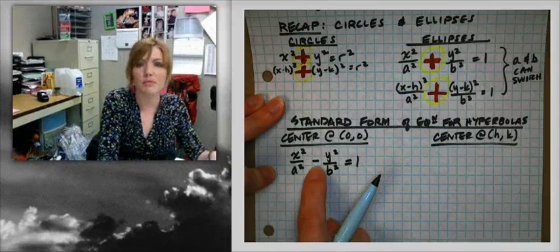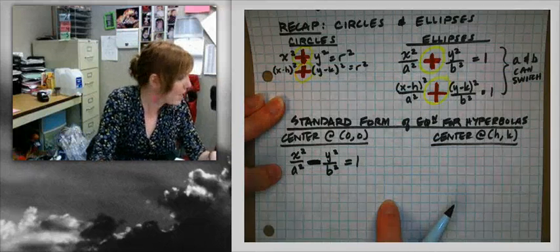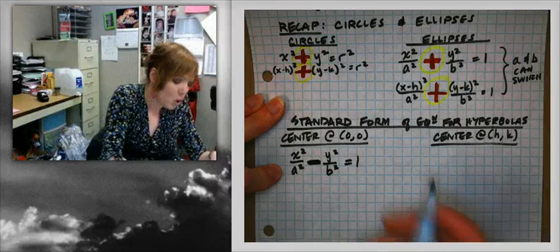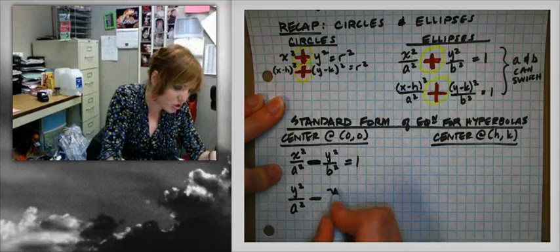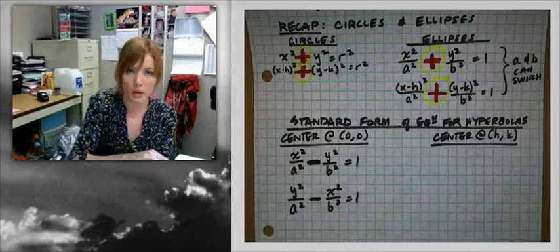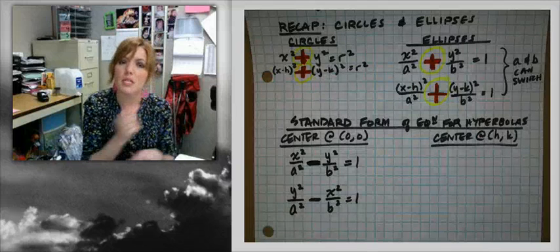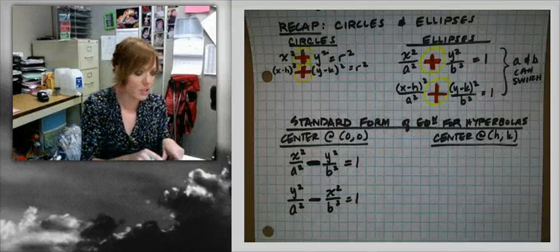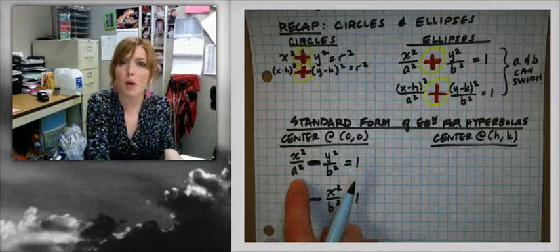So that's the big difference, is that we have a minus here instead of a plus. But we also could have y squared over a squared minus x squared over b squared equals 1. So what we saw yesterday in the ellipse is that the a and the b switched. x and y stayed in the same position and a and b flipped. Now it's the opposite.